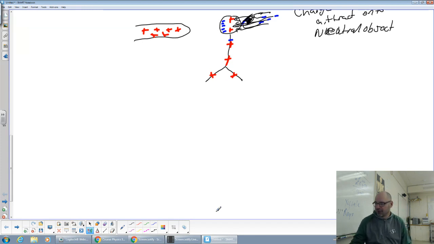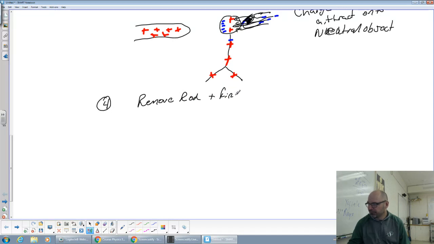Okay, so it looks like this in number 4. So in number 4, remove rod and finger, or touch if you like, and we've got still a charged object here. Okay, but it's going to have extra negatives on it.